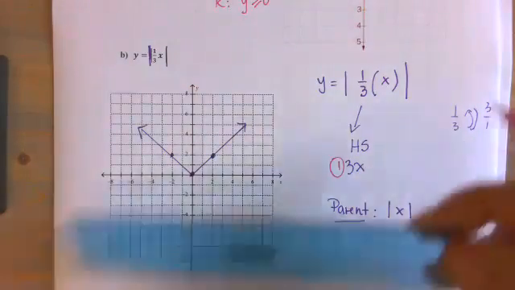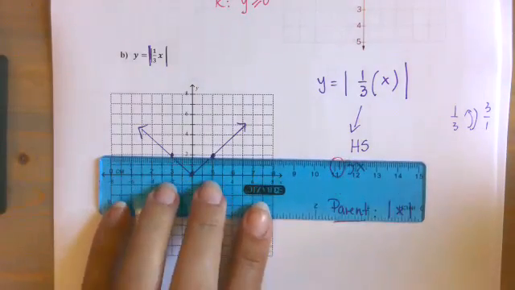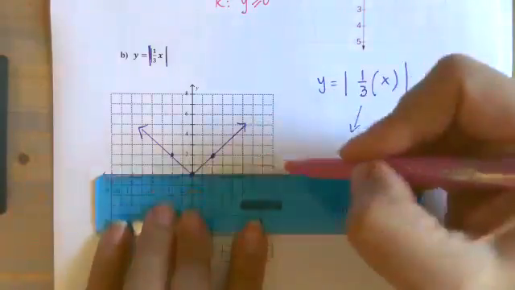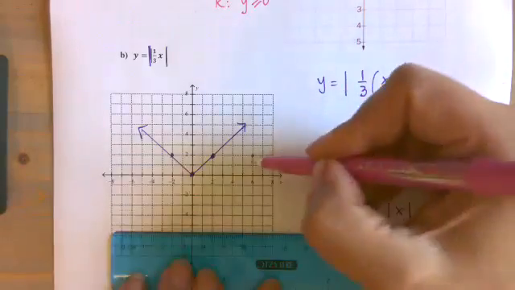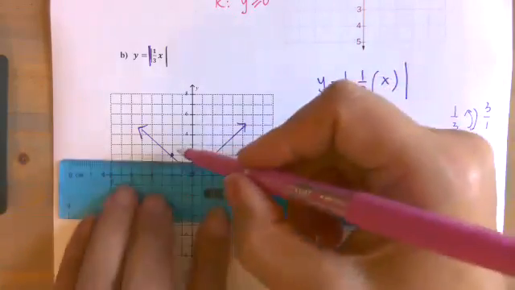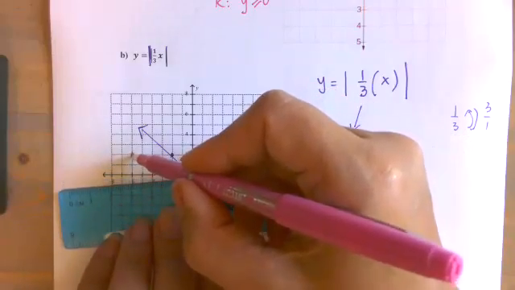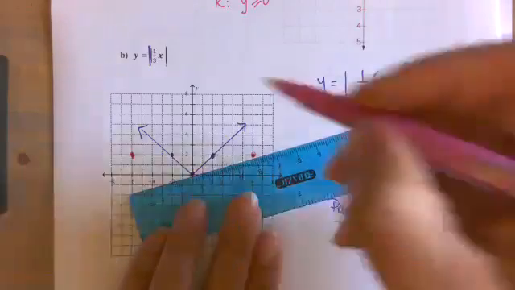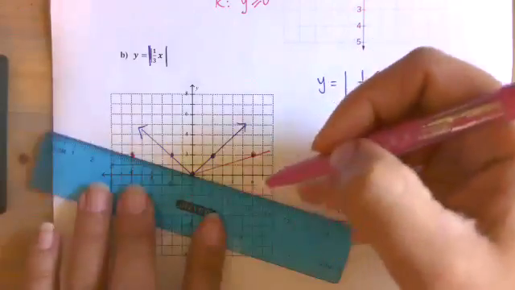So 3 times x, vertex in the same position. Here we are at 2, 2 times 3 is 6. Make sure your y coordinates stay the same. And -2 times 3, you're at -6. You plot it, and there are your 3 points. For horizontal stretch, your graph has to be wider.